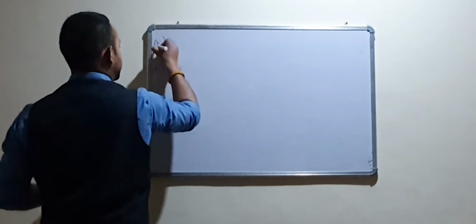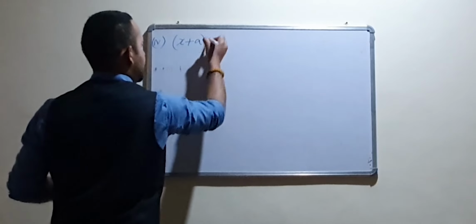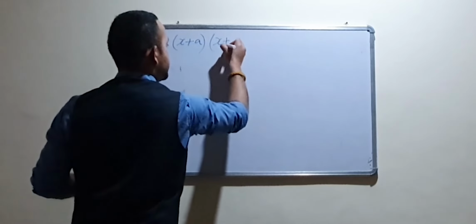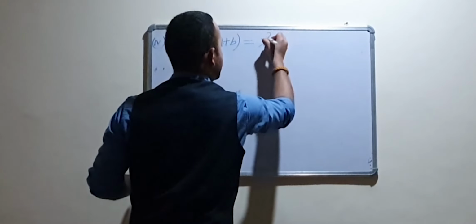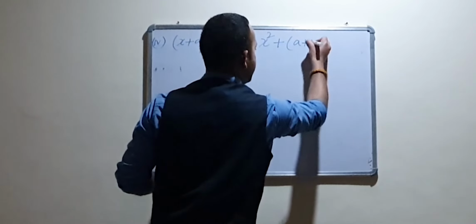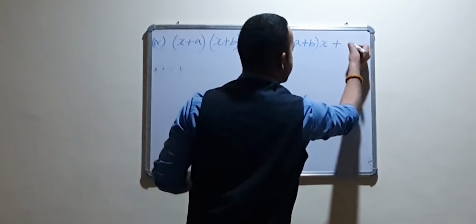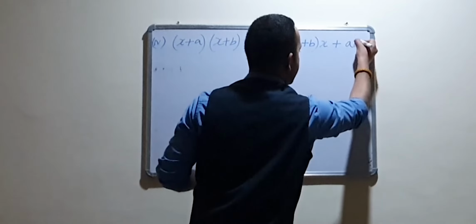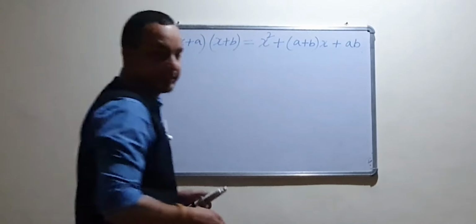Okay, I'll write it once again: (x plus a)(x plus b) is equal to x square plus (a plus b)x plus ab. This is your fourth identity.